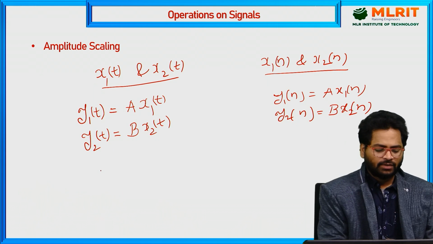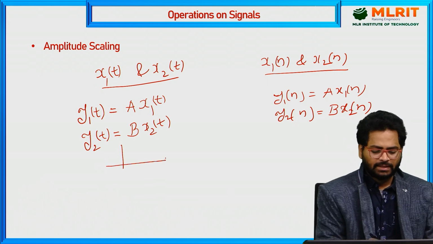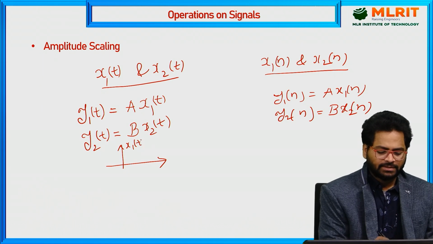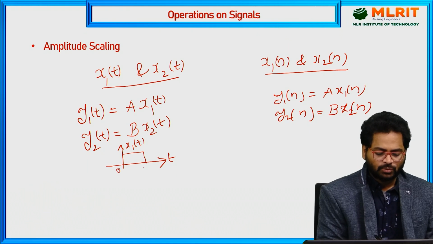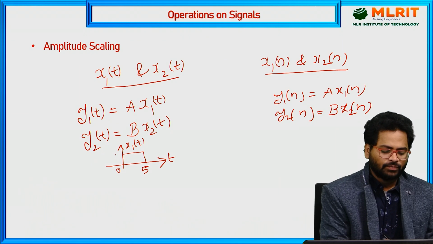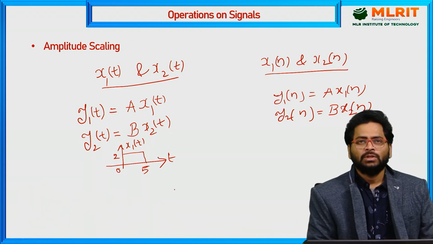Let us look at it graphically. Take this as x1 of t, which runs from 0 to 5 time units, with amplitude 2.